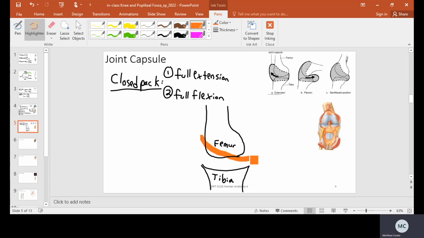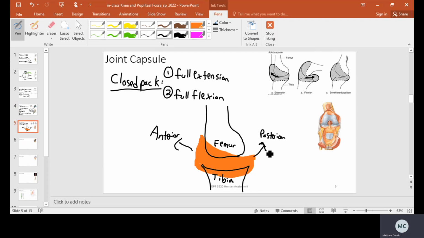That joint capsule is going to encompass this whole area in between the femur and the tibia. What I have to understand, and this is the reason the closed pack position is actually two different positions.